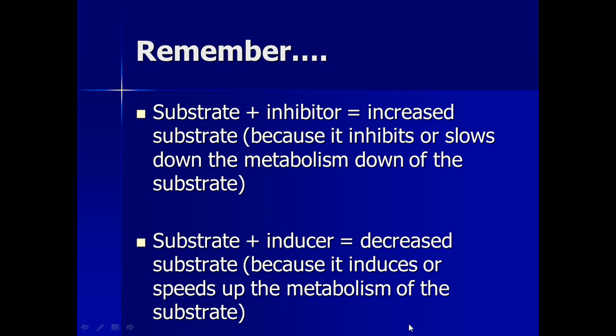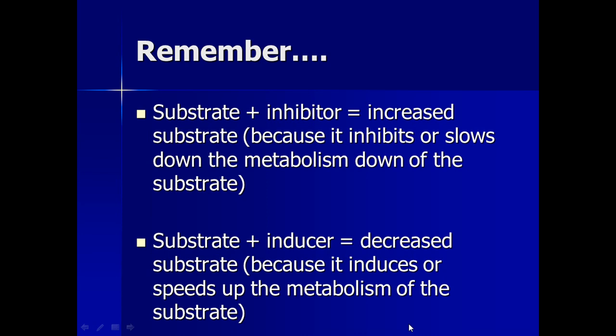We need to be able to say, well, Zoloft is a 2D6 drug. It's metabolized by the 2D6 enzyme. And if you have problems understanding this process, always remember these equations. A substrate plus inhibitor equals an increased substrate because it inhibits or slows down the metabolism of the substrate.